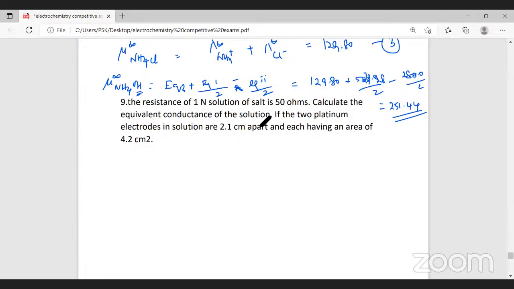Calculate the equivalent conductance of the solution if 2 platinum electrodes in solution are 2.1 centimeter apart and each having the area of cross section 4.2 centimeter square.